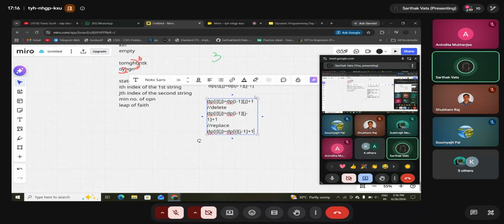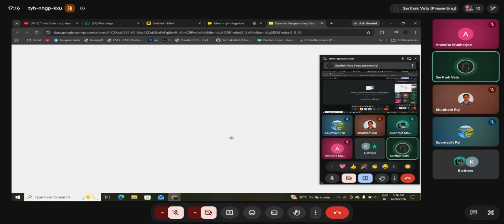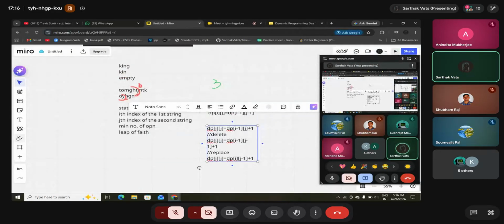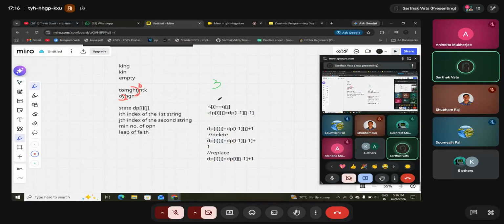Now, among these three, I would take the one which gives me the minimum, as we need to calculate the minimum steps. So this would be the transition if both the characters are equal, and this would be the transition if they are not equal.